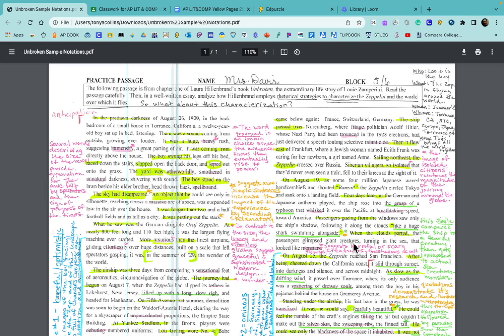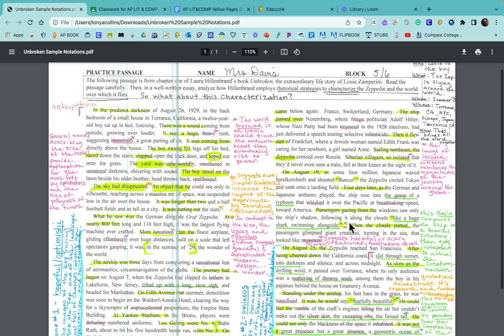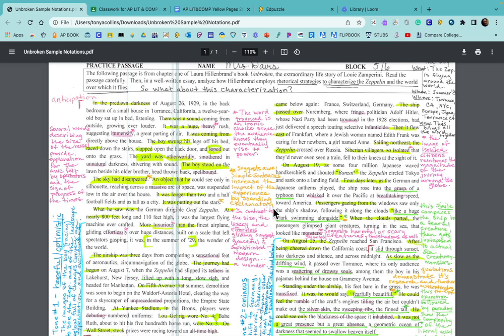Next, let's go to yellow for syntax, which is orange on this page. As you can see directly in the center, they recognize that the person uses simple sentences. I want to see something like this on your paper. It does not have to be in complete sentences. I want you to get to the point and get to the point quickly. You also see in the margin when she emphasizes quotations.